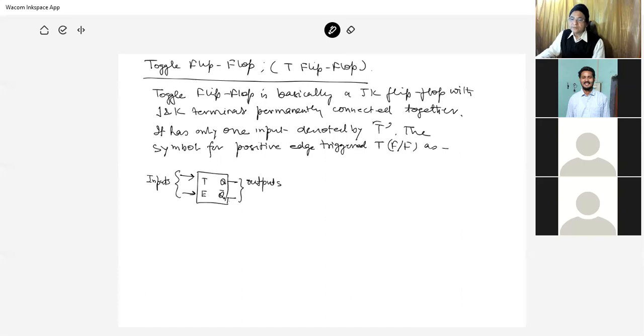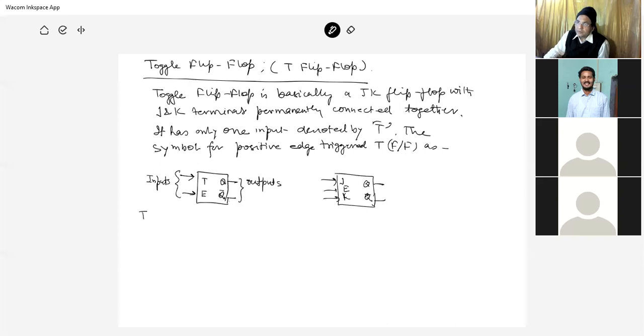And the block diagram is something like J, K, E, Q, Q bar. This way.